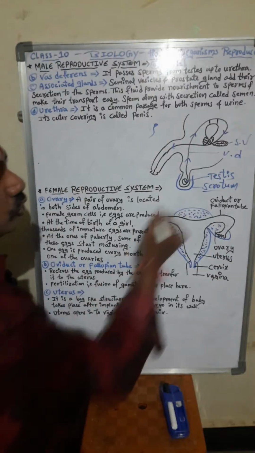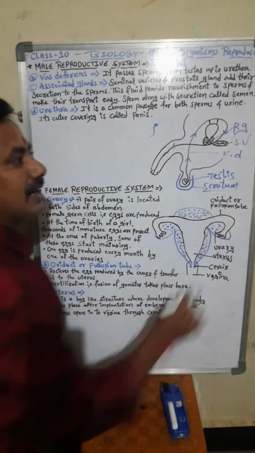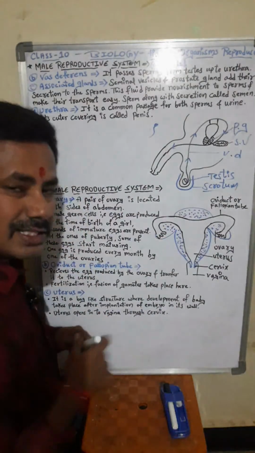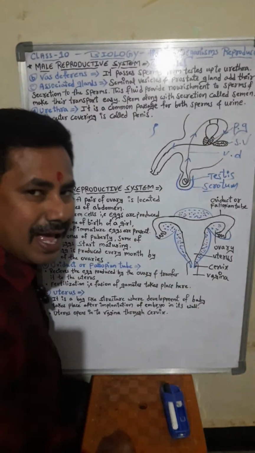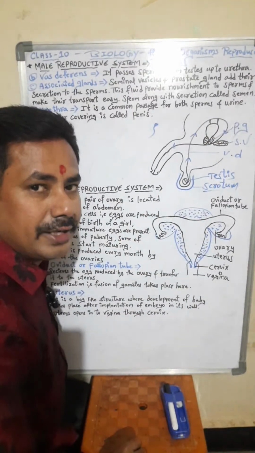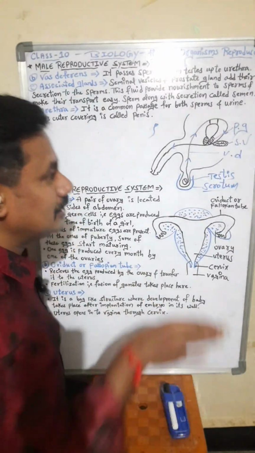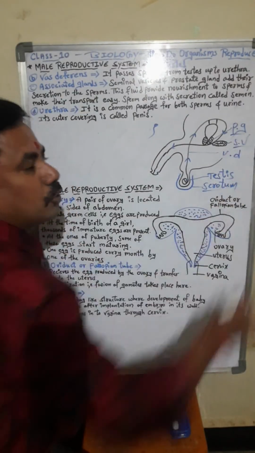And also there is the prostate gland, students. This prostate gland also releases some secretion. Both together are known as associated glands. Associated means combined. Which are the two glands that are combined? The seminal vesicles and the prostate gland.